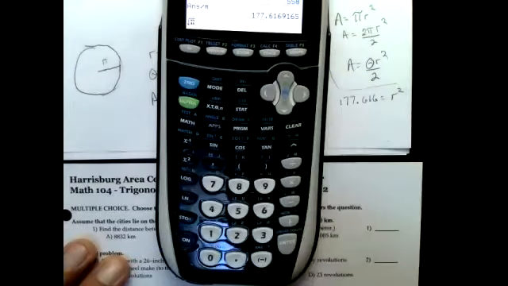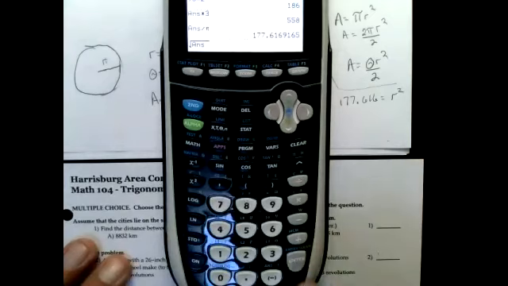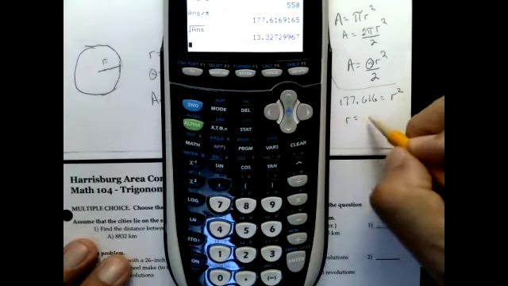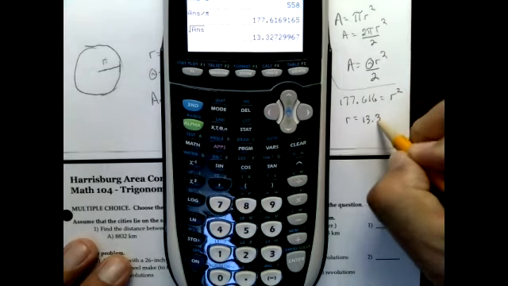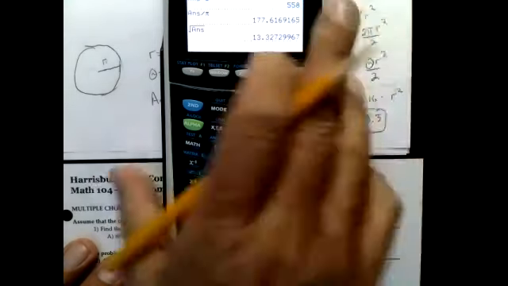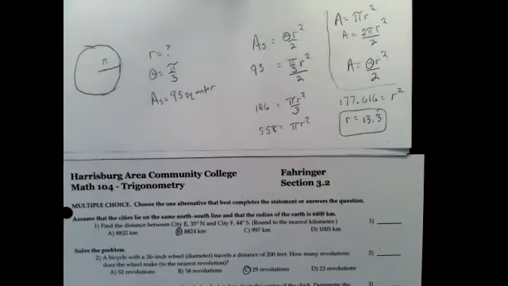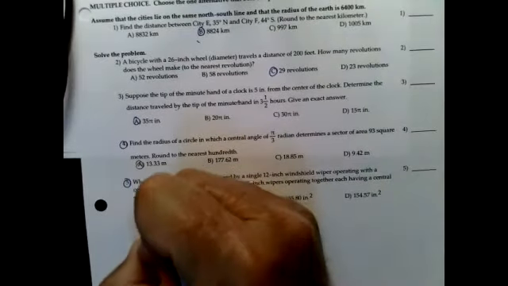So I'm going to hit second, that minus sign, and you notice how it puts square root of the answer in there. So when I hit enter, I get r equals 13.3. And yay, A was one of my choices. Whoop, whoop. This answer is A as well.